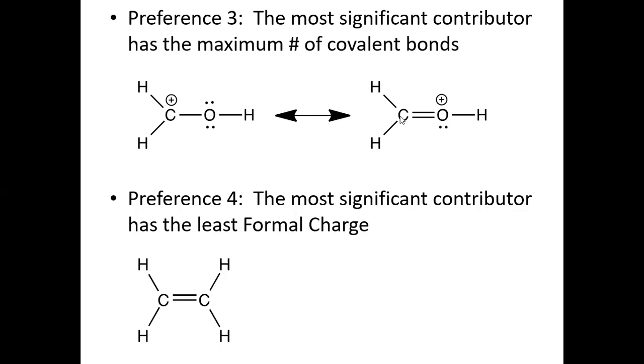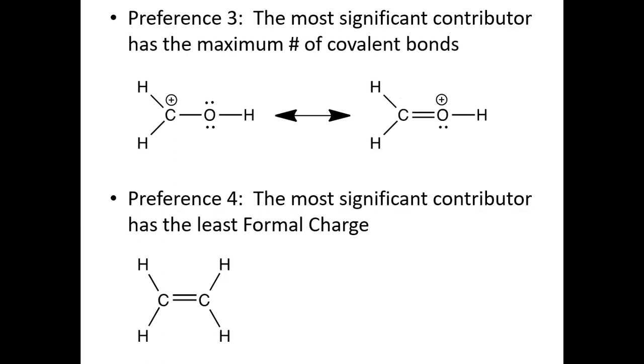So if I look here and ask which of these has the most covalent bonds, between these two on the left and the right, the one on the right has 1, 2, 3, 4, 5 bonds. The one on the left has 4. Therefore, the one on the right should be my biggest contributor. Additionally, all of my atoms have full octets. That's also a key indicator. The one that has every atom with a full octet is usually my biggest contributor.